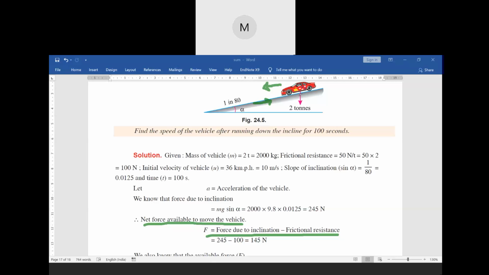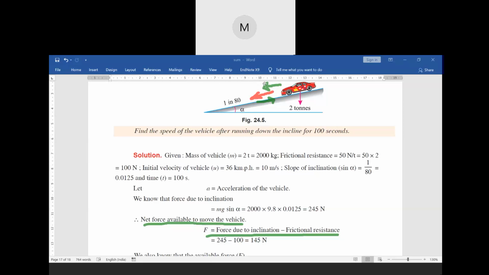Now there is one force for which the car is coming down, or the net force. The net force is the force that is actually responsible for the movement of the car.